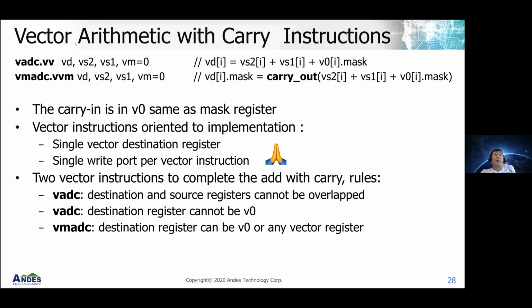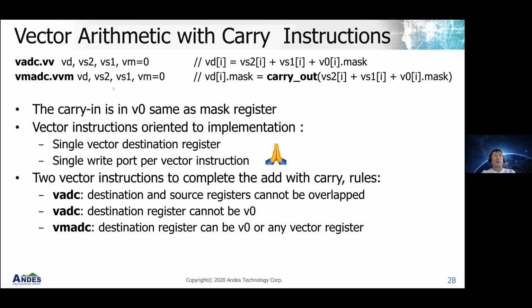So for the vector arithmetic with carry instructions, it is actually broken up into 2 instructions. One is to produce the result, and the other one is to produce the mask. So the carry-in bit is in the vector register 0, which is the same as the mask register.